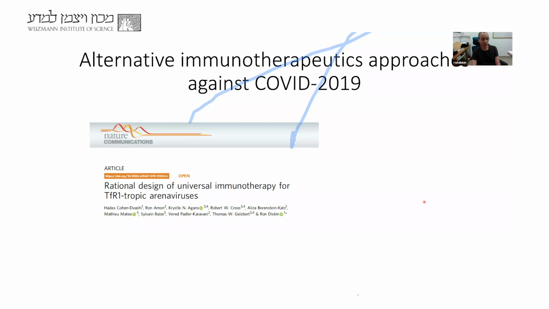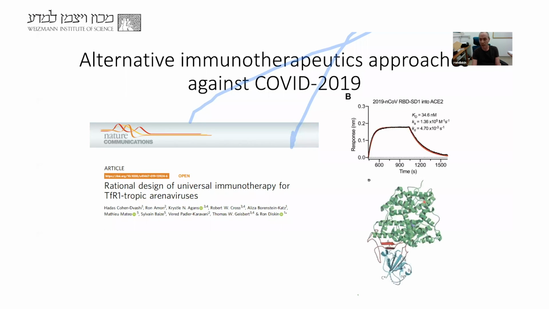Before I end, I just want to mention that there are other approaches, and I want to mention our own research in this respect. So potentially we can also produce something that is called an immunoadhesin. An immunoadhesin is a molecule that on one hand has some domain that will allow it to bind the target. In our case, we're talking about the cellular receptor of the virus. This is the ACE2 protein.